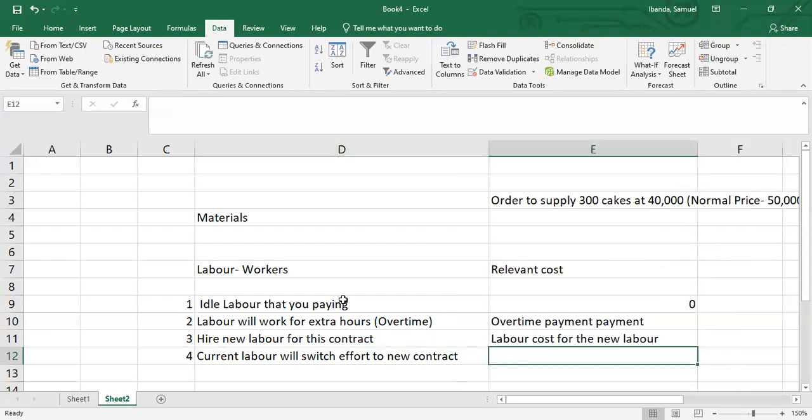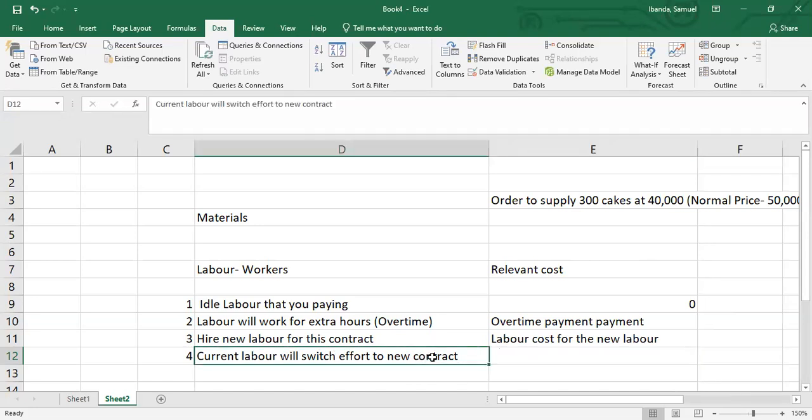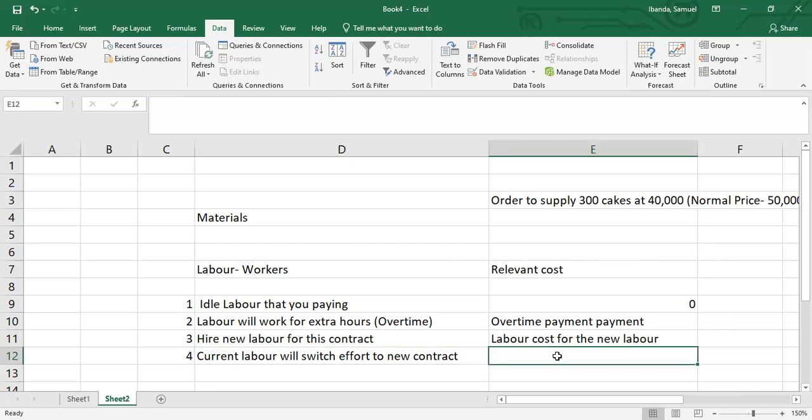Now, if current labor is going to switch effort to new contract, it means that they are going to forego their current effort on another product. If they are going to divert their effort from another product, then in that case, the relevant cost will be the opportunity cost foregone.